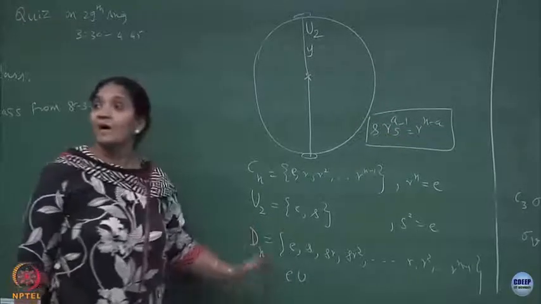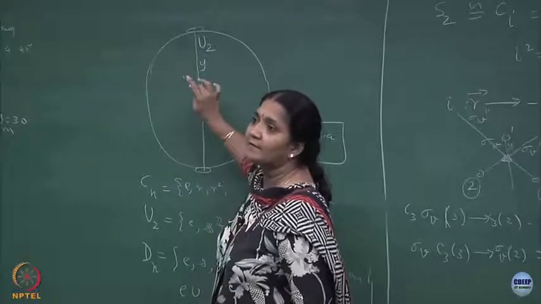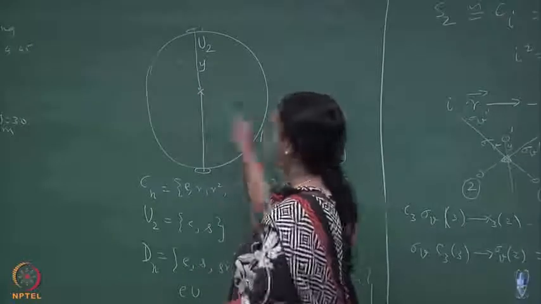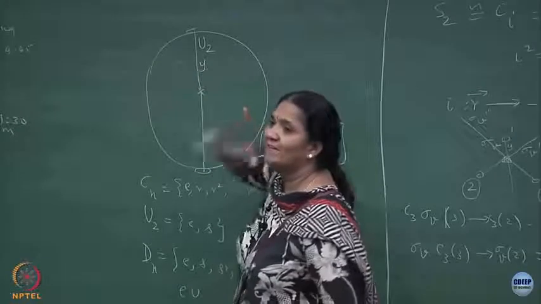So, the Dn group. U2 is the two-fold axis symmetry, rotation about the y axis by 180 degrees.